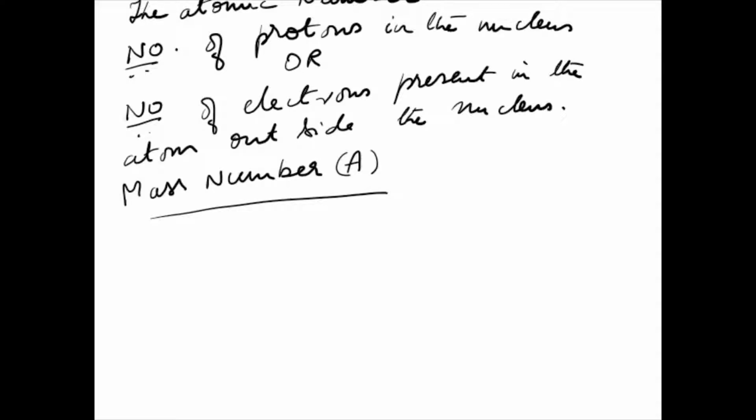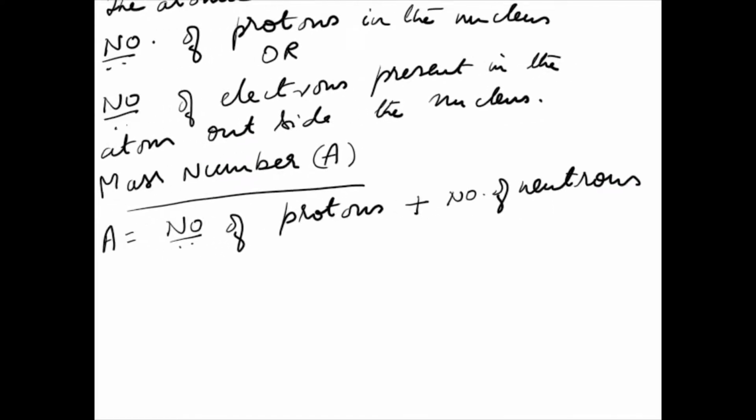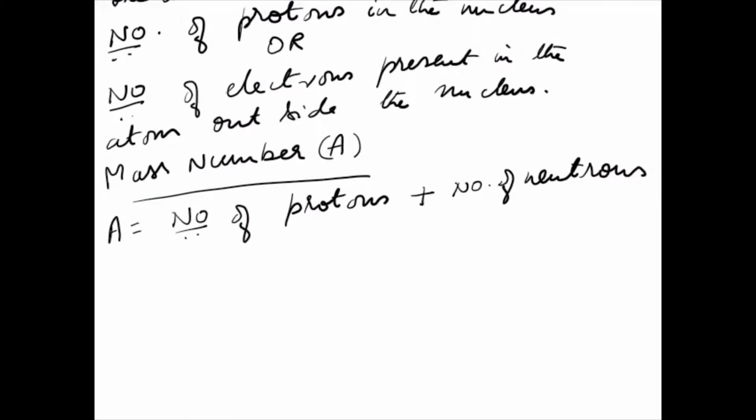So mass number A is equal to the number of protons plus the number of neutrons. Where are these two present? Present in the nucleus.